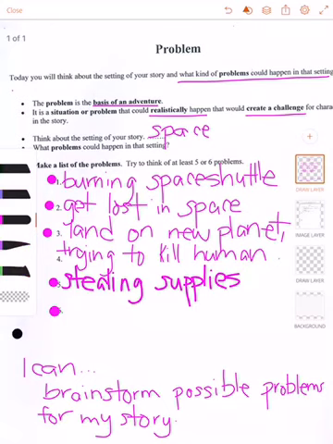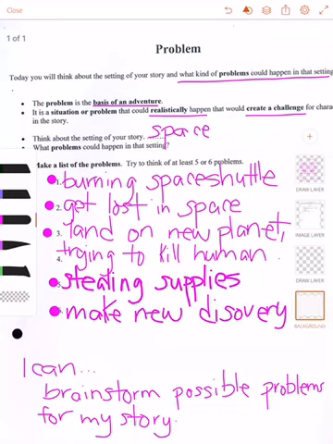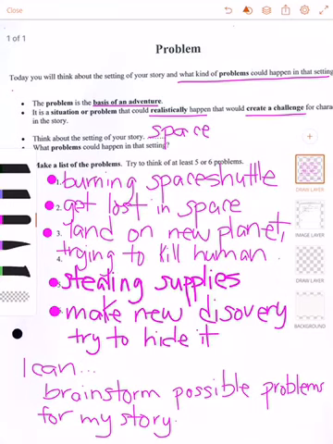So we can say, make new discovery, and someone makes this discovery, tries to hide it. So maybe they're trying to make a discovery, but unfortunately one of the members on board is trying to hide it from them, right?